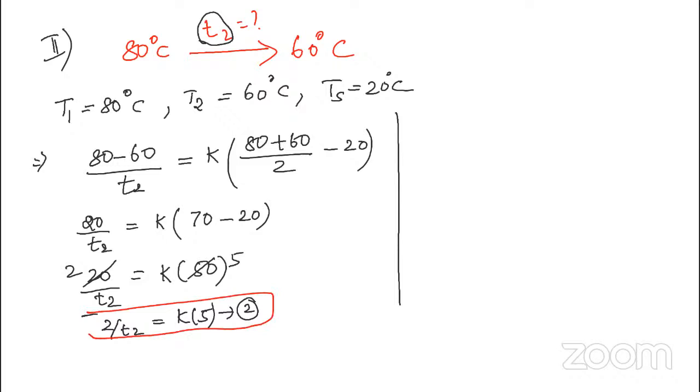For the next step, dividing 1 by 2. What you will be getting is 10 by t divided by 2 by T2, which should be equal to 65k divided by 5k.